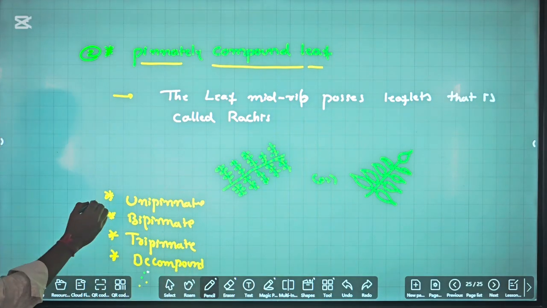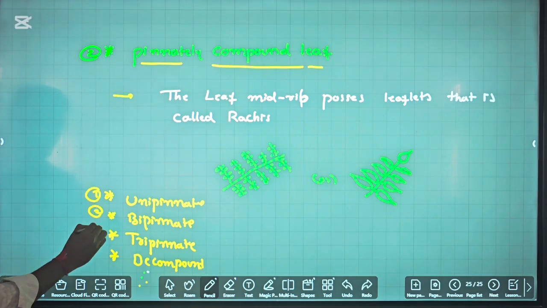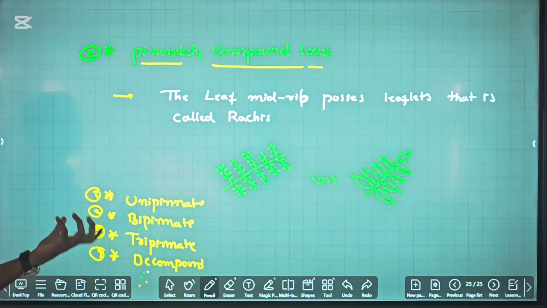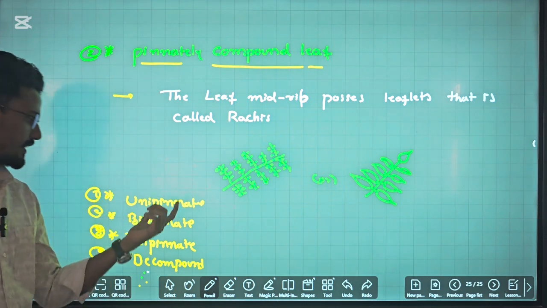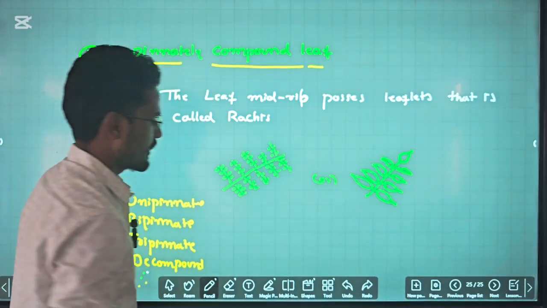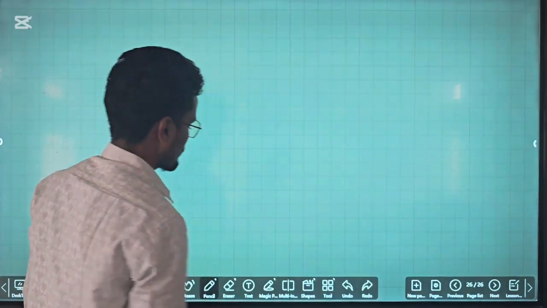Okay, these are the four types of pinnately compound leaf. We'll understand what exactly unipinnate, bipinnate, tripinnate and decompound are in the next slide.